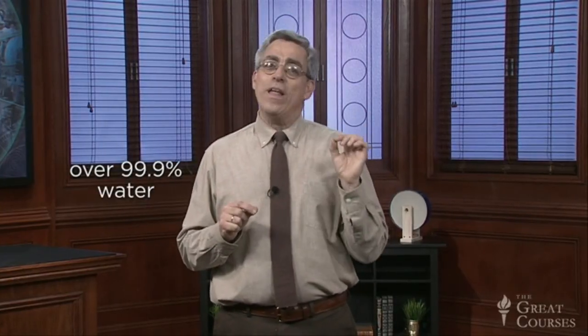This stream is composed of over 99.9% water, a number that seems quite surprising until we recognize that the combined effluent from your sinks, showers, tubs, and washing machine far exceeds that of your toilets.